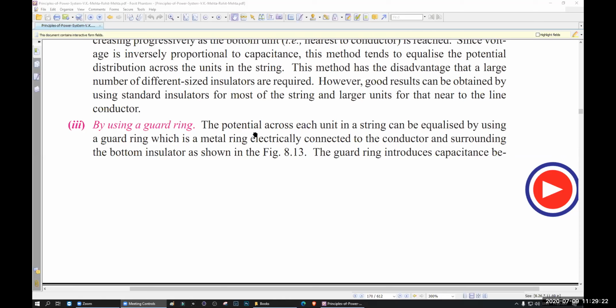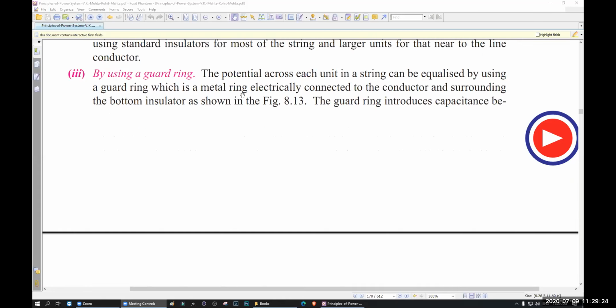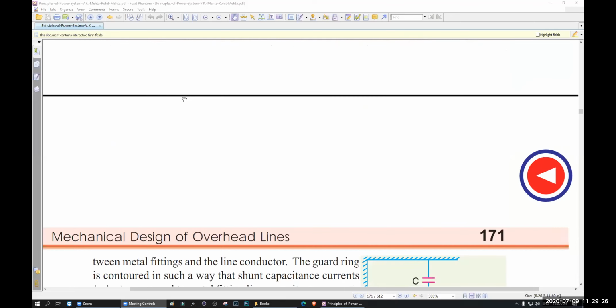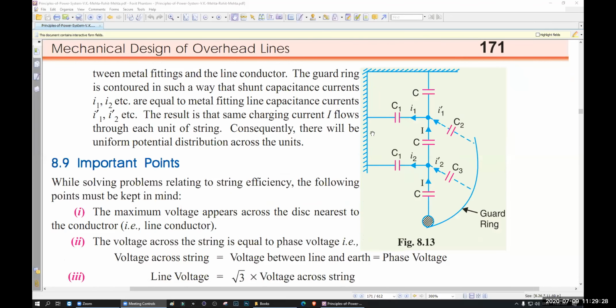Guard ring. What is a guard ring? A guard ring is actually an opposite tower. So this is a guard ring. Here you have a tower, right? This point and this point have a voltage difference.